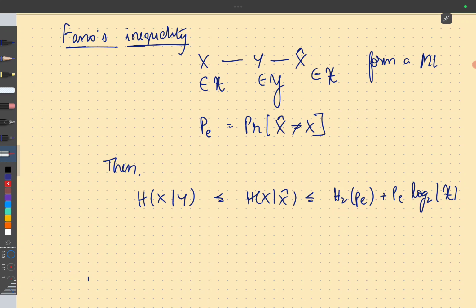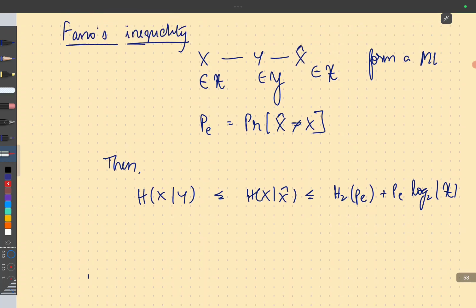Because if there is a lot of uncertainty about x given your estimate x hat, then the probability of error can't be small. But Fano's inequality gives an exact, quantitative relationship between these two quantities, the amount of residual uncertainty and the probability of error. Any quick questions?